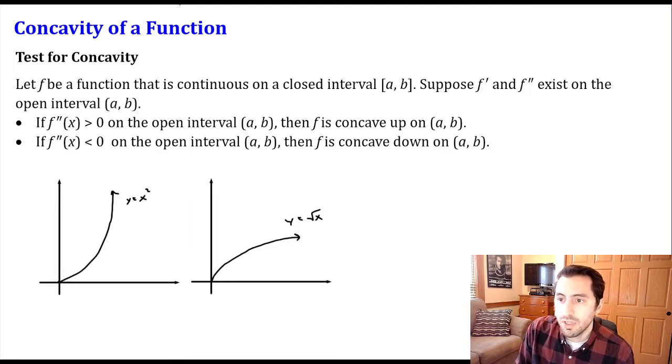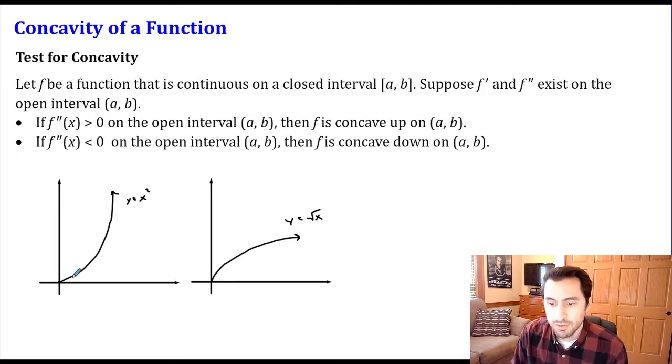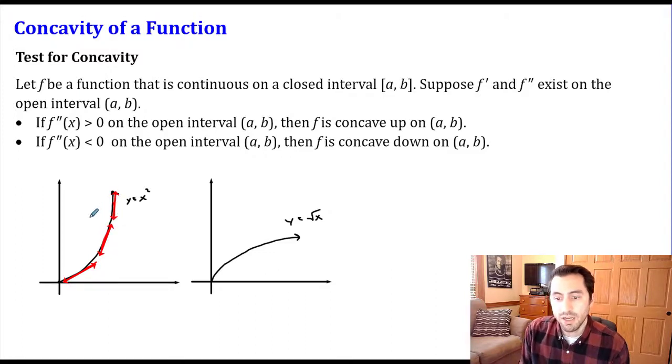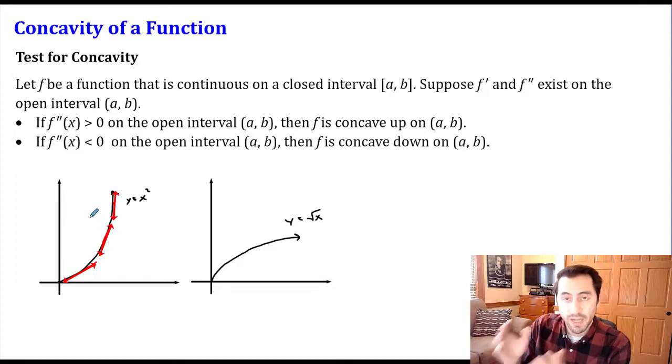So if I draw in some of our tangent lines for my x squared function, if you can imagine these tangent lines, as I move from left to right, they are getting steeper and steeper.